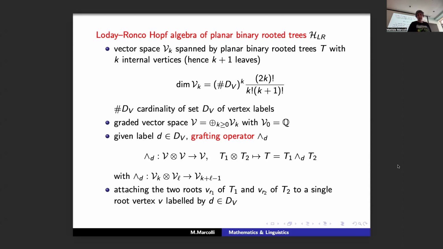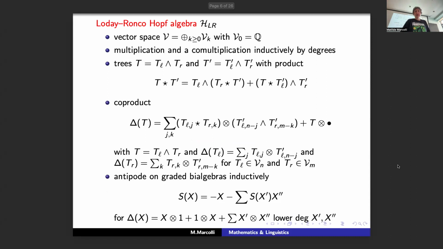Okay, so this is just the underlying vector space. And now the problem comes with the fact that you want to define a product and coproduct that satisfy all the Hopf algebra compatibility relations.